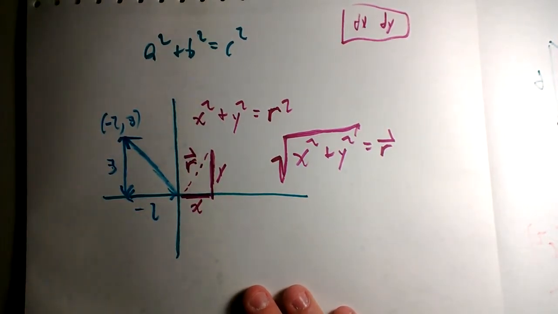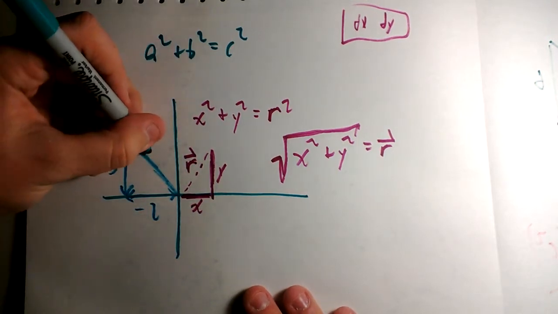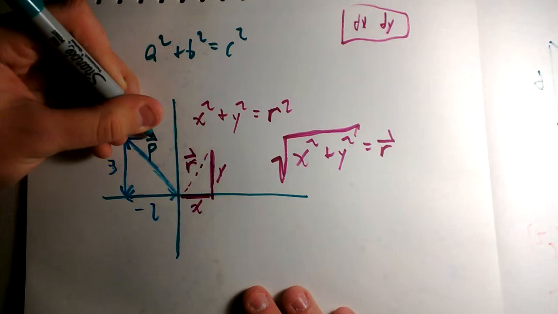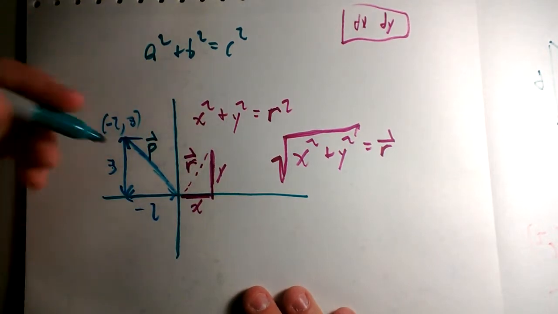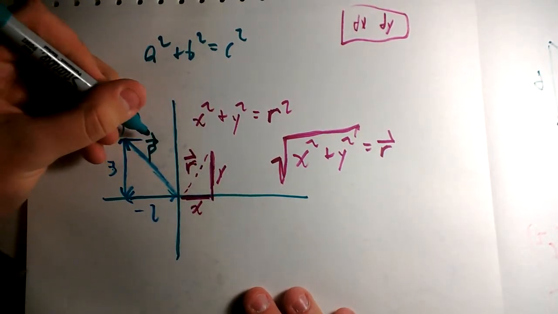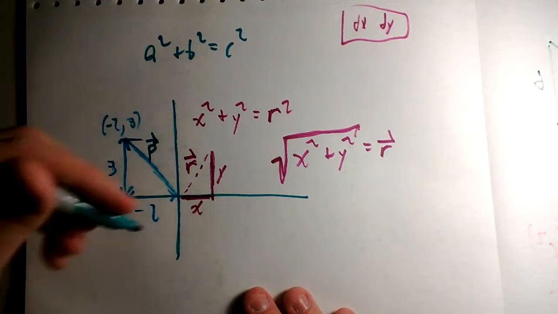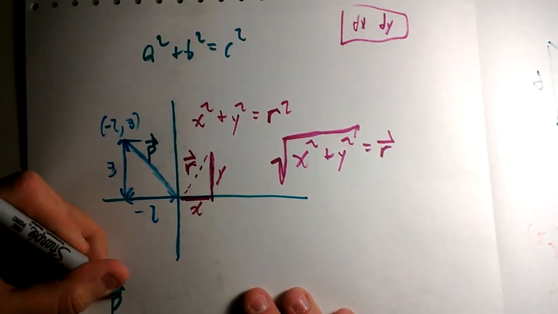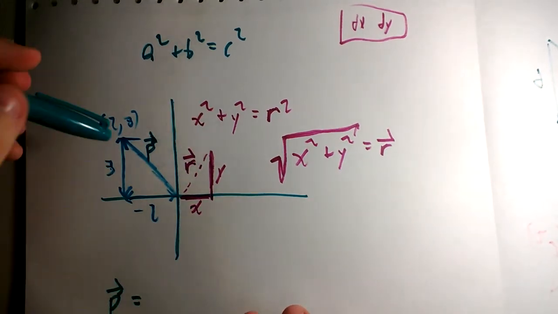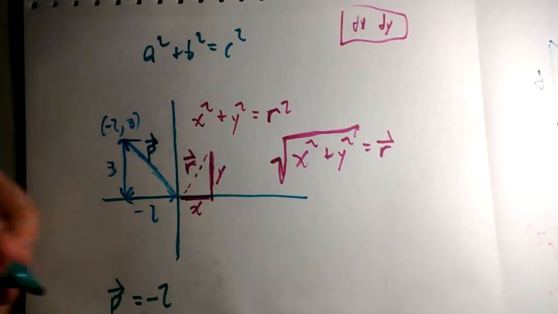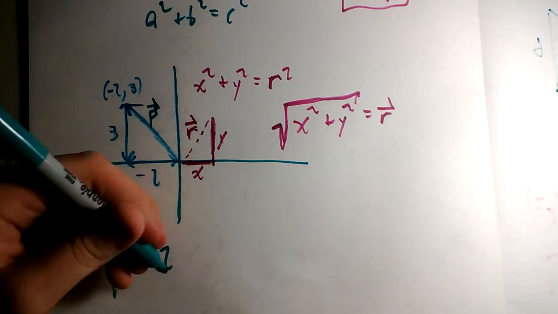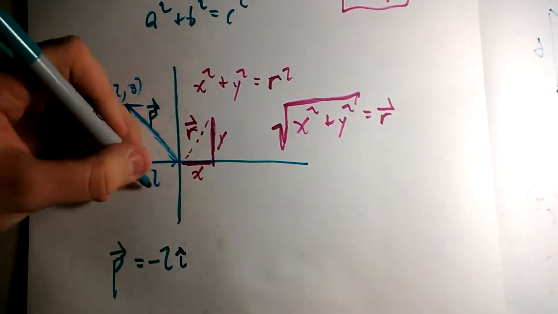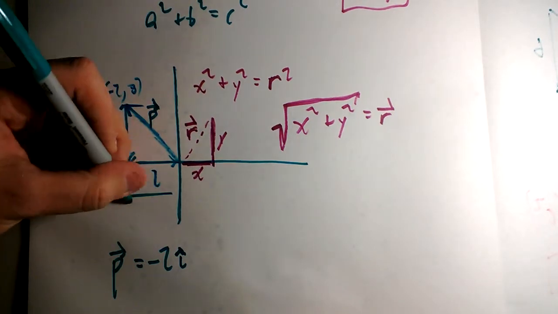But the other thing you can do is, let's call this p, because we already used r. And then we put an arrow over it. Usually you cut off the arrow, though you don't have to. You'd either make a full arrow or cut it off. I think it looks cooler if it's cut off. And you'd say that p, arrow, is equal to -2 in the i component, and we put a hat on it, because i corresponds to x and y.